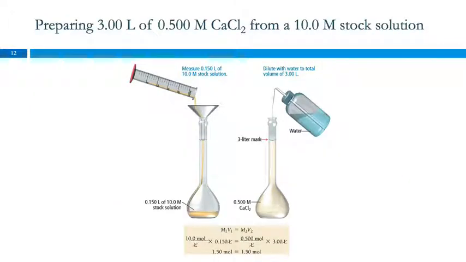So here's an example of diluting a solution. We're going to make 3 liters of 0.5 moles per liter using a 10 mole per liter solution. So this is more concentrated. We're going to take a little bit of the concentrated solution and add more water to it and dilute it, just like you take the orange juice concentrate and add water to it and make it the right concentration.